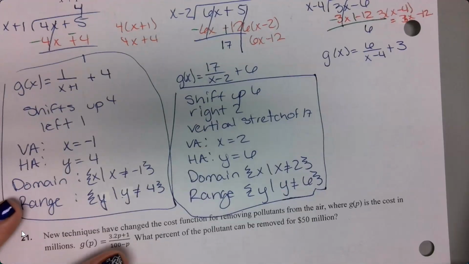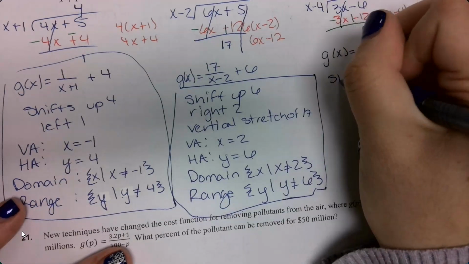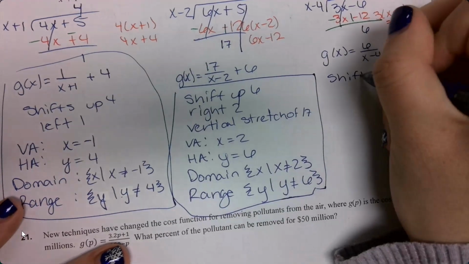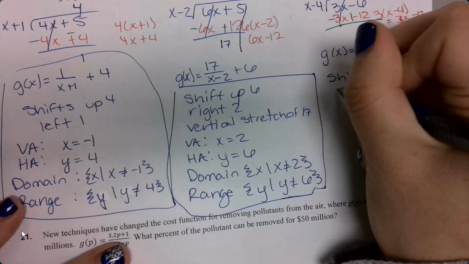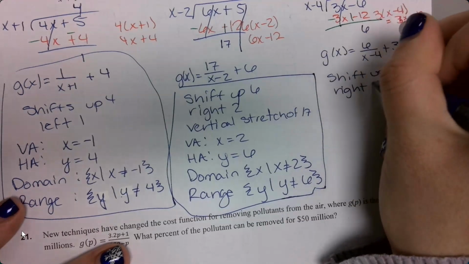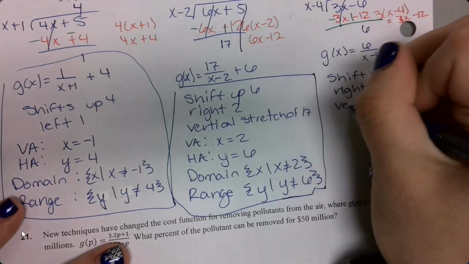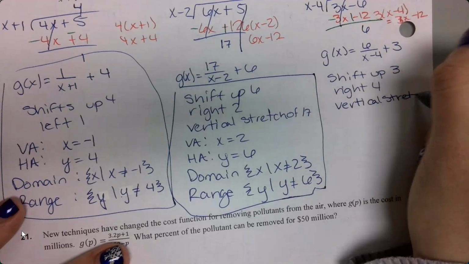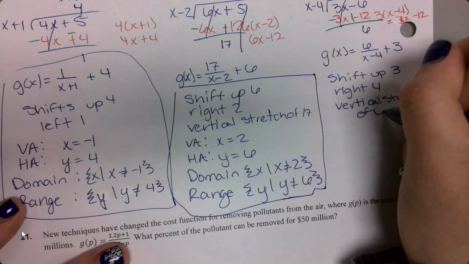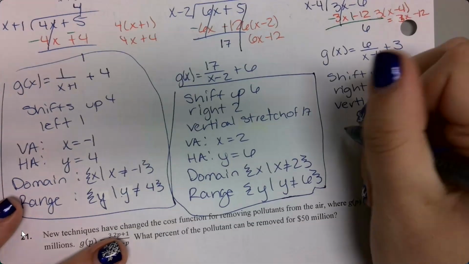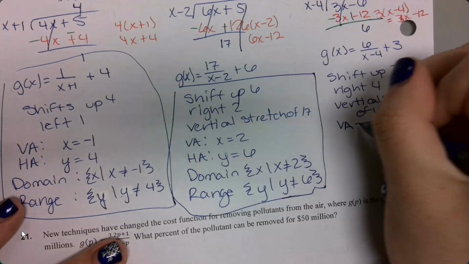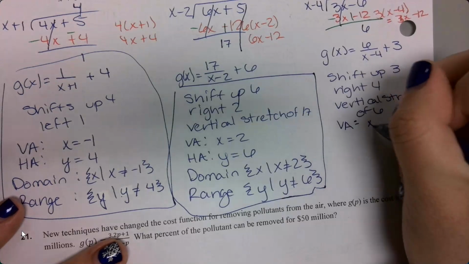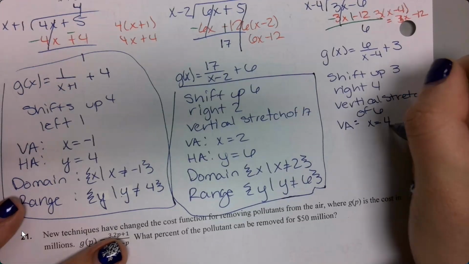So that means this is shifting up 3, right 4. That 6 is a vertical stretch. My vertical asymptote is the denominator, opposite the sign, so x equals 4.